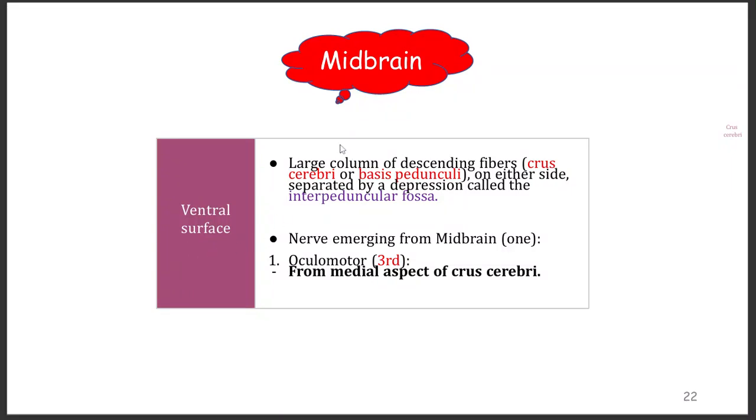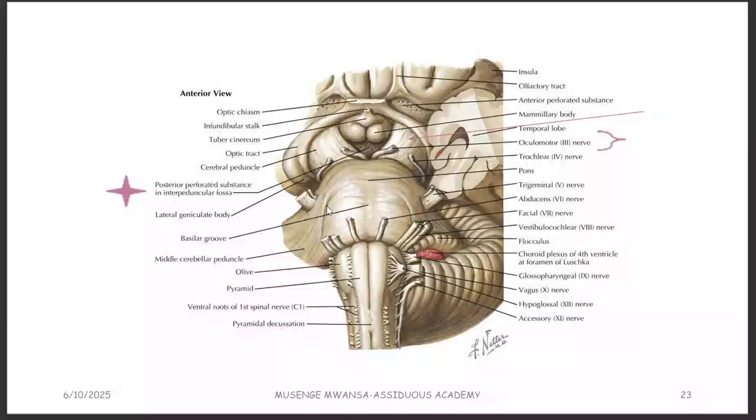So the ventral surface, you have got large columns of descending fibers on the ventral aspect, which we call the crus cerebri, also known as the basis pedunculi. Okay, remember that the crus cerebri is ventral and also known as the basis pedunculi, and is on either side separated by a depression known as the interpeduncular fossa.